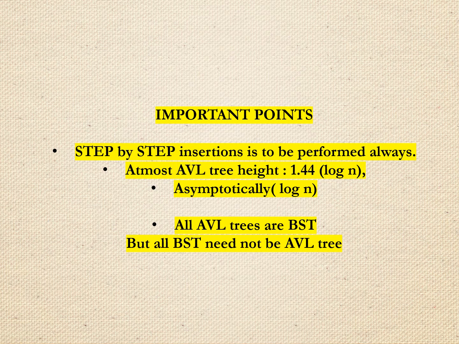Now the total time complexity for adding any node or even searching in the whole AVL tree should not be more than 1.44 log n. Asymptotically I can say it's log n as a complexity, and at the end I can say that all AVL trees are BSTs, but all binary search trees need not be AVL trees.